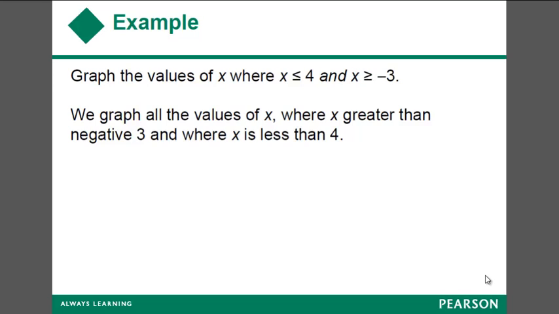So less than or equal to 4, that means we're going to have a closed circle at 4 and go less than. At -3 we're going to have a closed circle and go greater than. So we're looking at between 4 less than, but it has to be greater than -3. So we shade in between these two numbers. And this satisfies our inequality x less than or equal to 4 and x greater than or equal to -3.